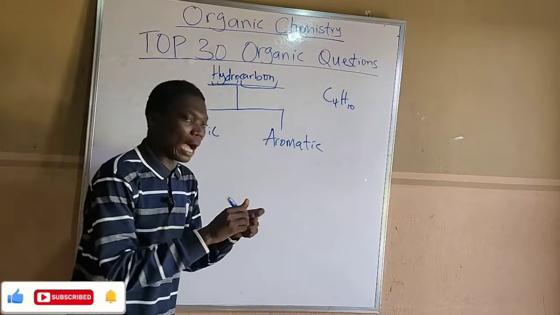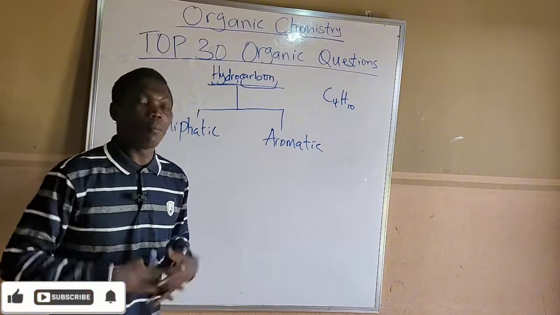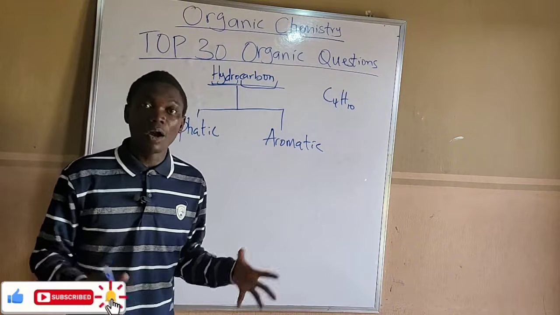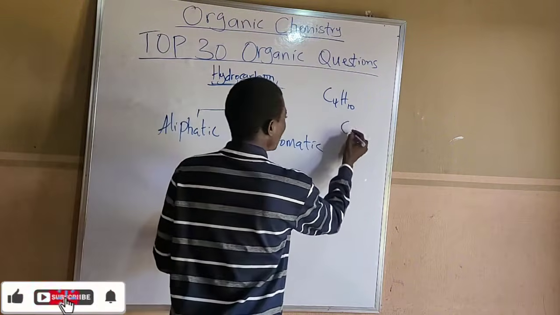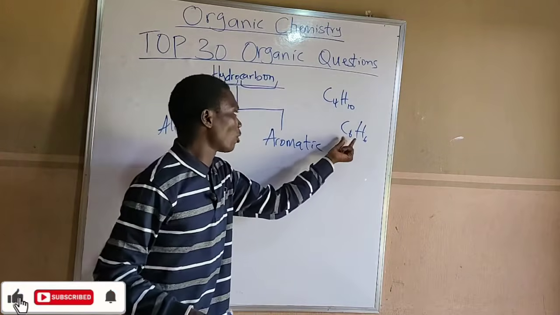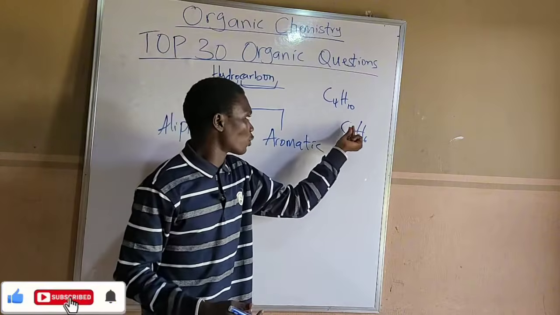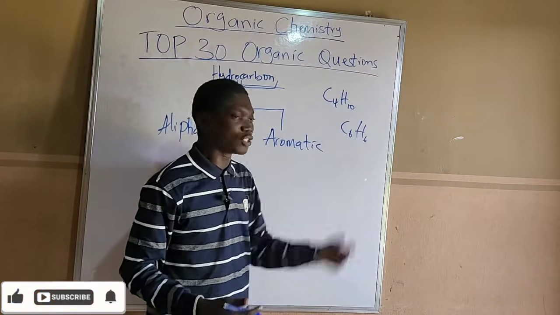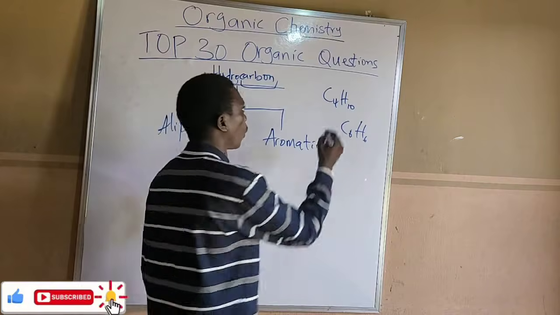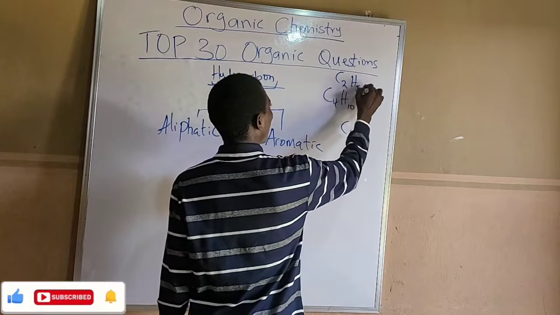When we talk about aromatic hydrocarbons, we are simply talking about benzene. Benzene is C6H6. You can see the carbon is 6 and the hydrogen is 6. It is still a hydrocarbon because it contains only carbon and hydrogen. But let's assume you have ethanol, C2H5OH.